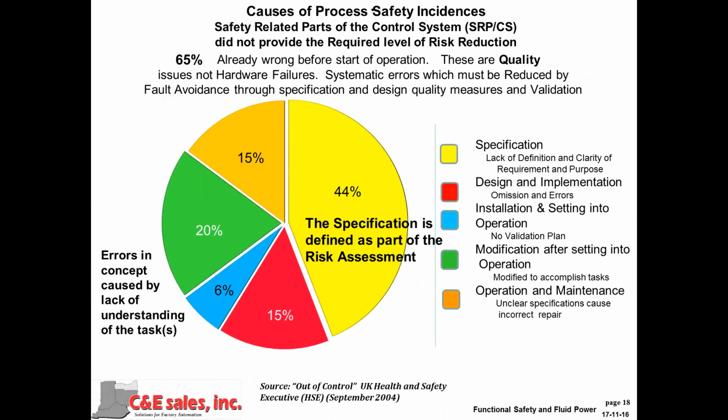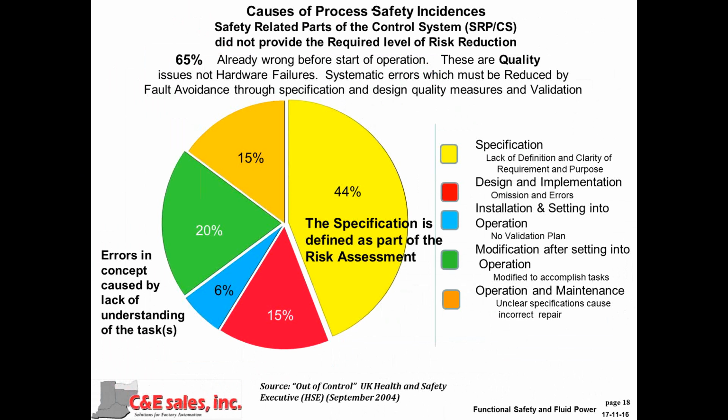Another review that was done was an investigation of injuries that occurred when there were indeed safety function safeguards in place, in an attempt to understand the root cause. 44% of the injuries were represented by a system where the specification did not correctly identify what the hazard was and how it should be remediated.